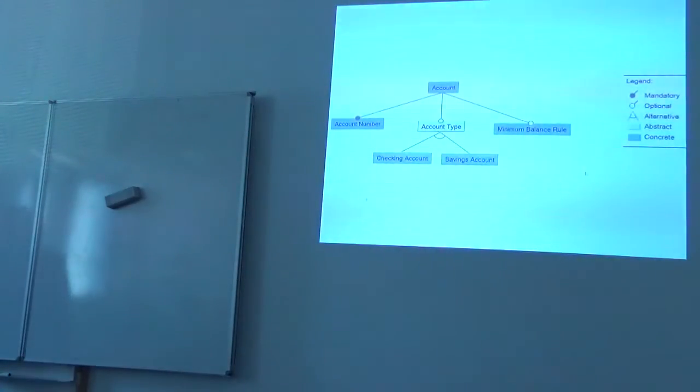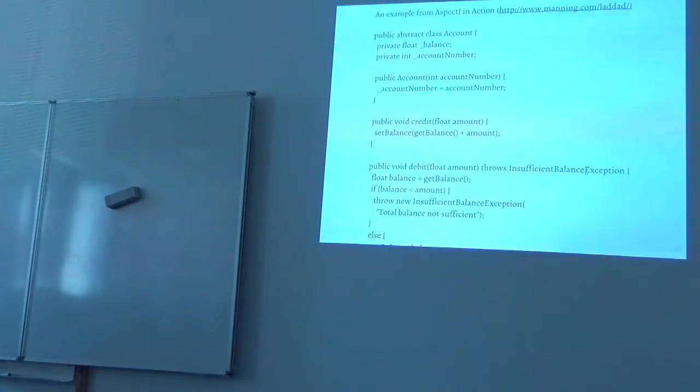So this minimum balance rule and this whole example might remind you of the example that we also studied, the AspectJ in Action example of account implementation, where we see the basic implementation of the account.